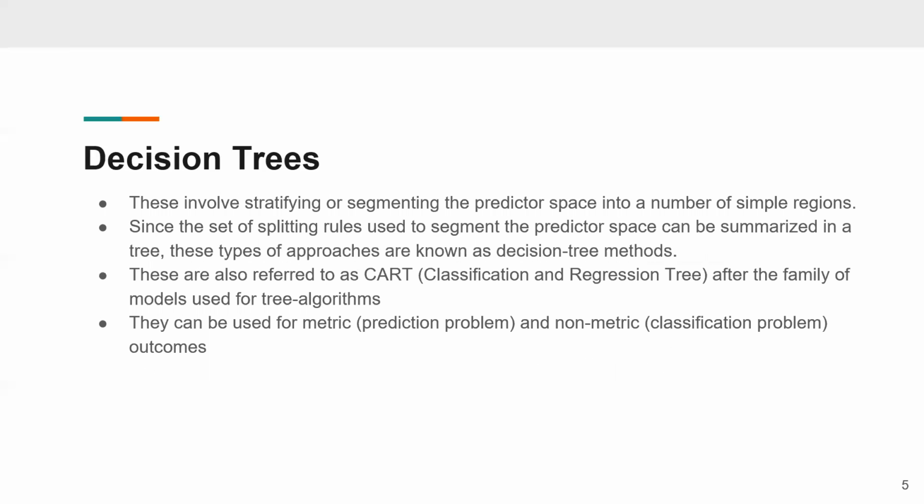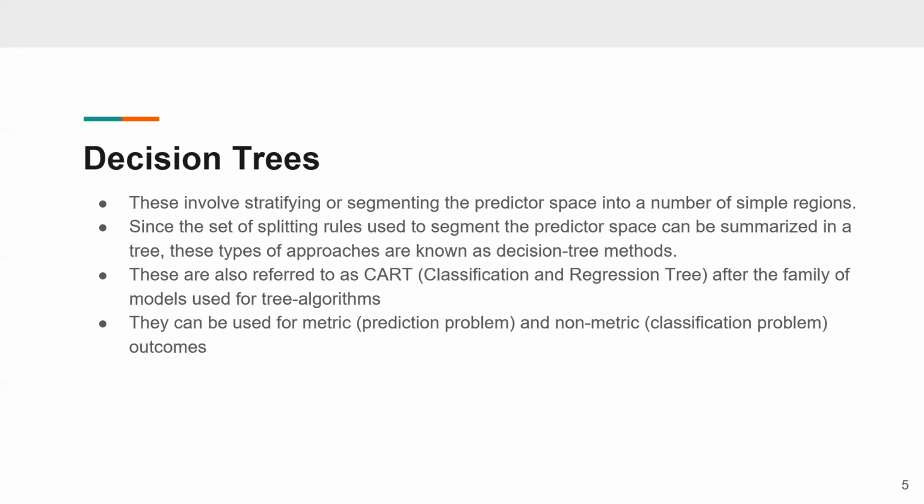So what are decision trees? These involve stratifying or segmenting the predictor space into a number of simple regions. The predictor space essentially is the variables, or what we call independent variables.